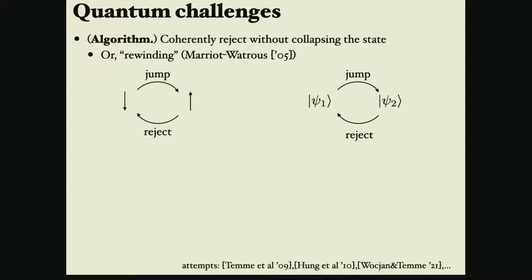But quantumly, this is not so obvious. You cannot clone a state, and you have to be very careful with your measurements, otherwise you might collapse the state. Okay, this is reminiscent of the rewinding algorithm that people have been discussing recently, and that was quite a complicated algorithm.